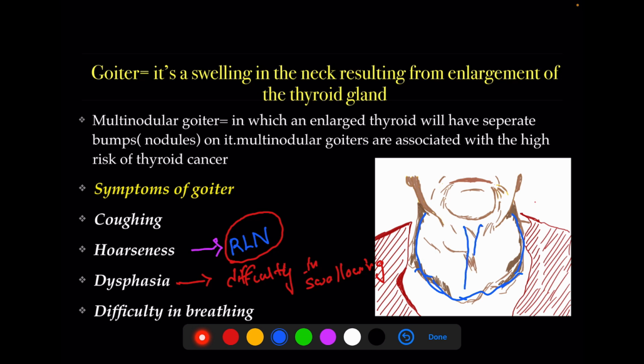It creates pressure here and the food canal becomes narrow, and when food enters the mouth and then the food canal, it creates difficulty and some irritation occurs in the food canal. And the last one is difficulty in breathing, as I said earlier.